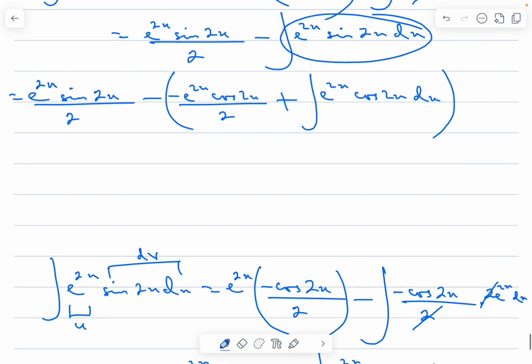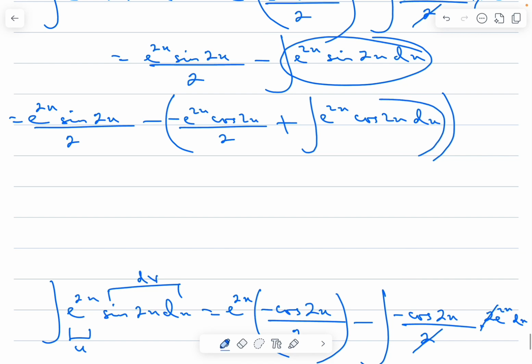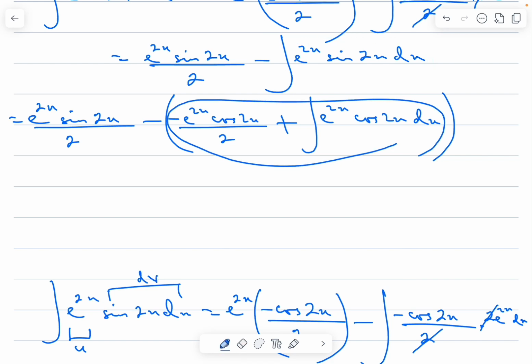And now what do we have when we open the brackets? The whole of this represents the integral of e raised to the power 2x sine 2x.